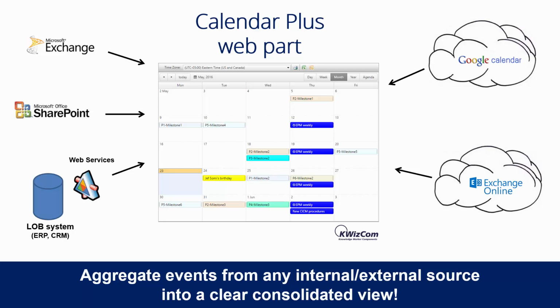These sources can be SharePoint lists, Exchange Calendar, Google Calendar, Exchange Online, and custom sources by using web services. So bottom line, we can aggregate almost from any source events, and of course display them in a clear way, including color coding and displaying in various display types.